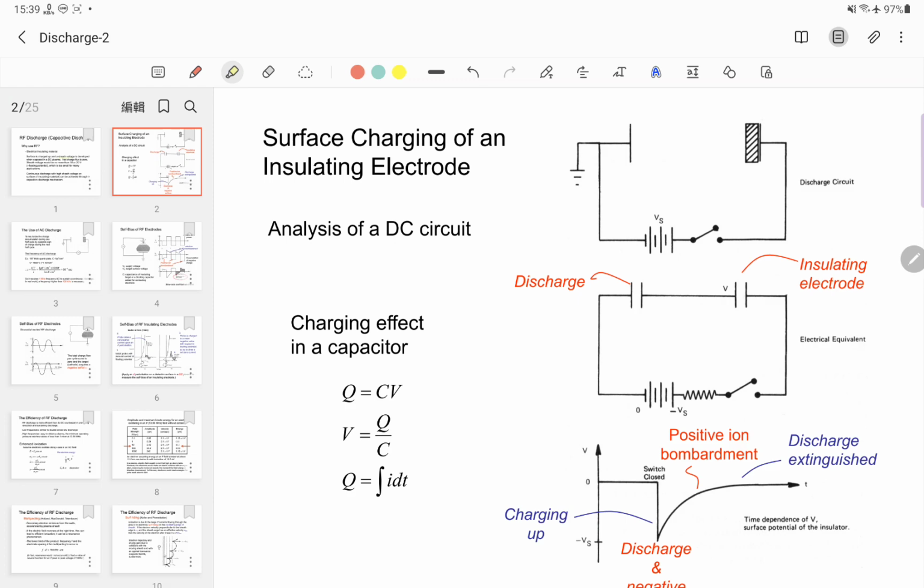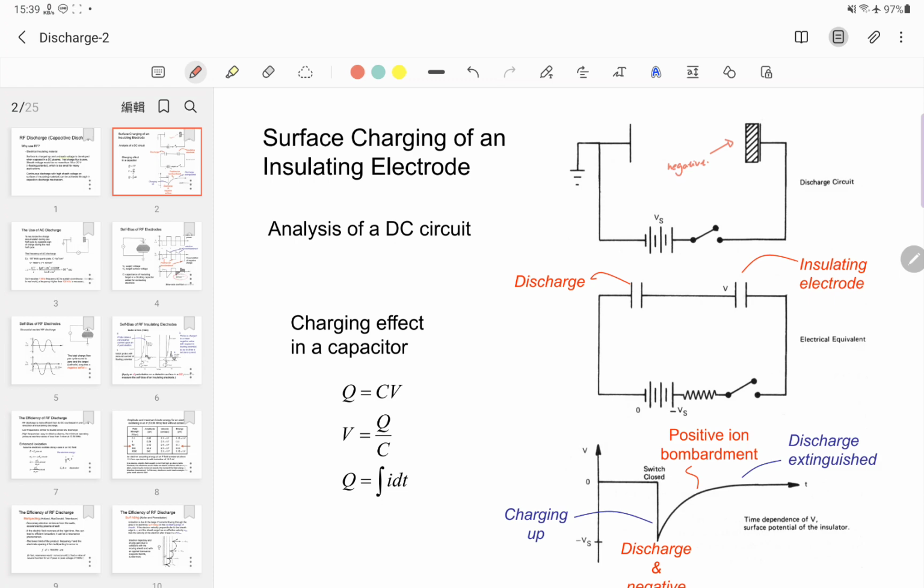So at the beginning, when you switch on the circuit, the back side of the insulator, actually the electrode surface on the right side, will charge up negatively. Okay. So electron current keeps flowing to the back side of the metallic electrode.